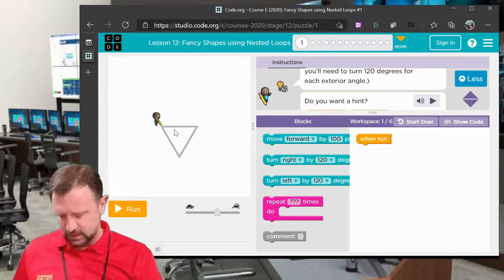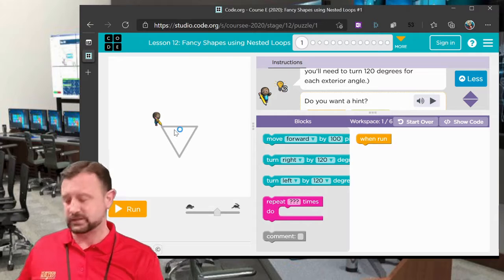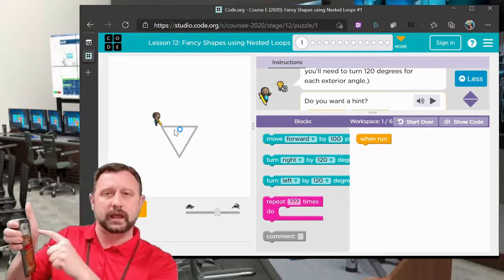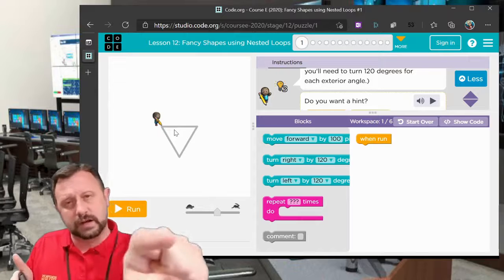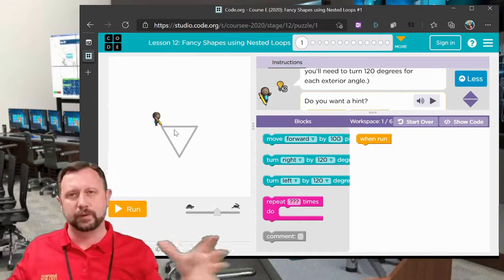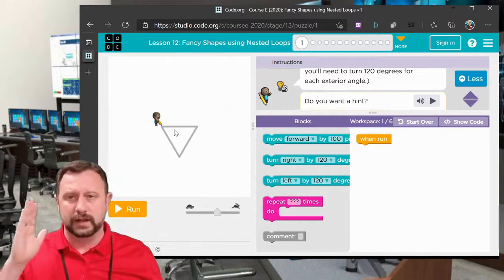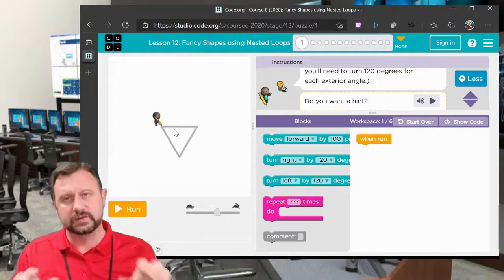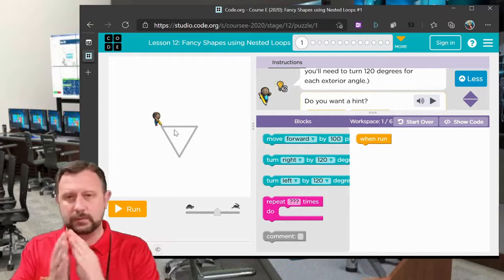But if I say go forward 100 pixels, then I can go forward 100 pixels here and 100 pixels on this screen. It's a way to bring it all together. It's a unit of measurement. That's what I want you to understand. For these puzzles, when we talk about a pixel, we're talking about a length.